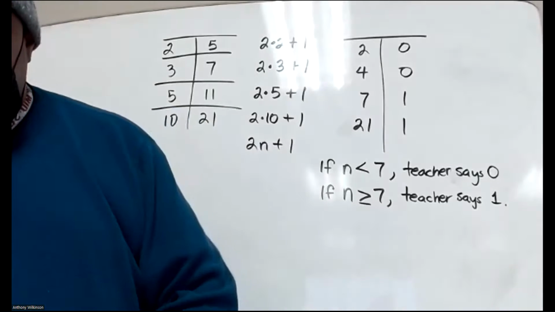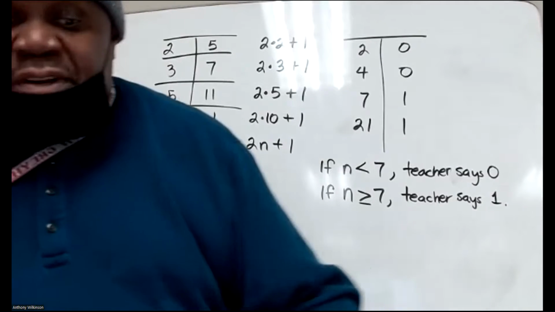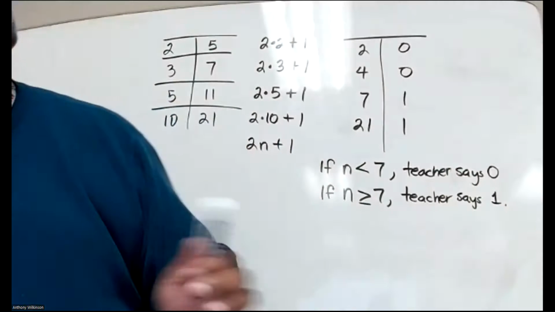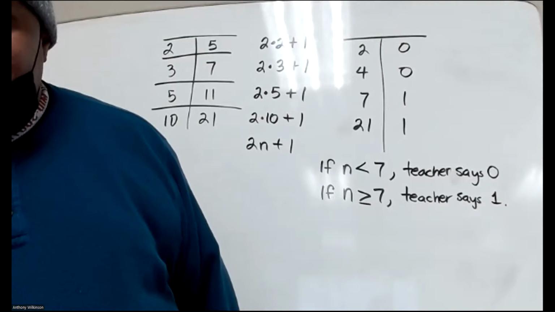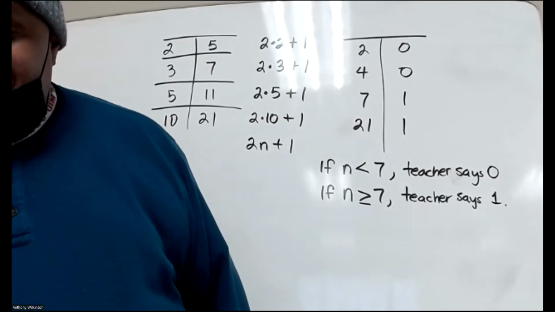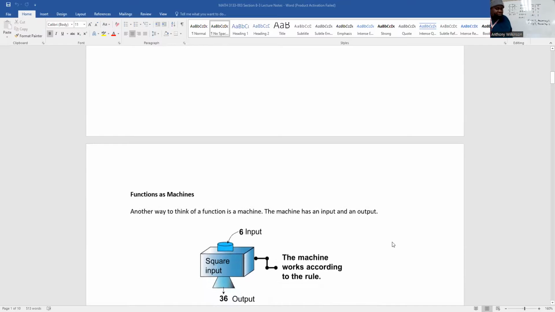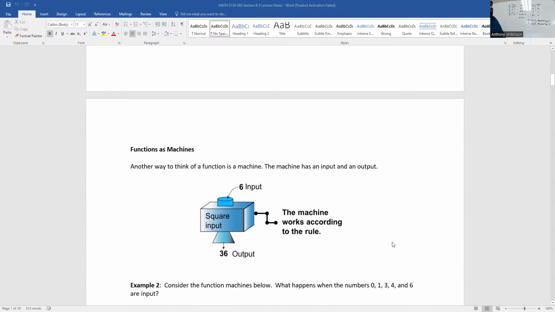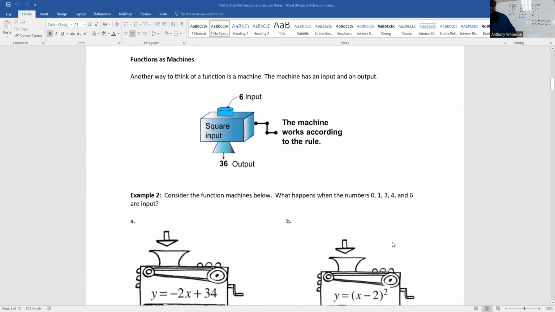Okay. Questions on that? Don't believe that you're going to see that on the exam, because you won't. It's going to be varying answers for that one. Okay, so that's one way, as a rule.